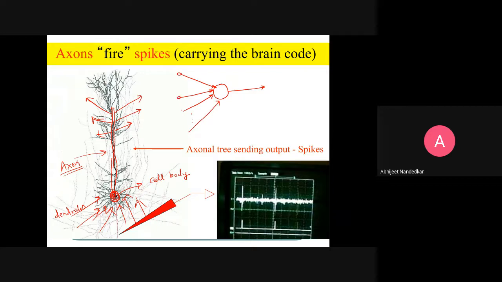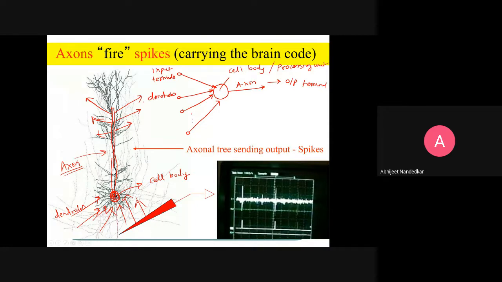These are all inputs. This is the cell body, or the processing unit, and this is the axon, producing the output. You can say the axon is the output terminal, and these are input terminals called dendrites.